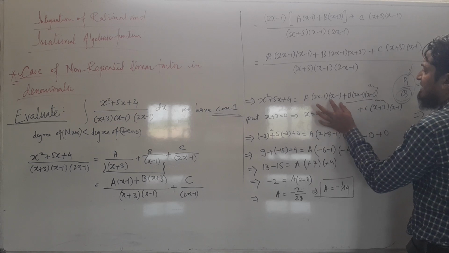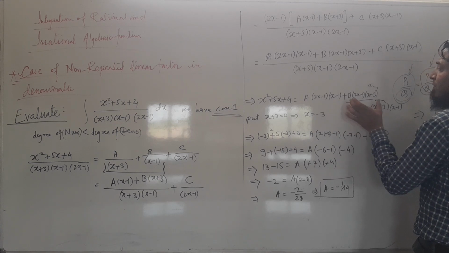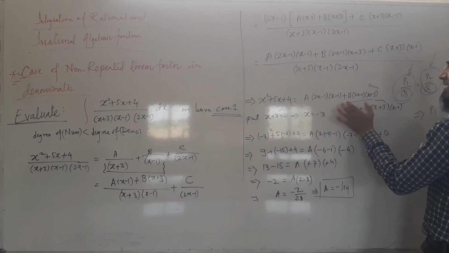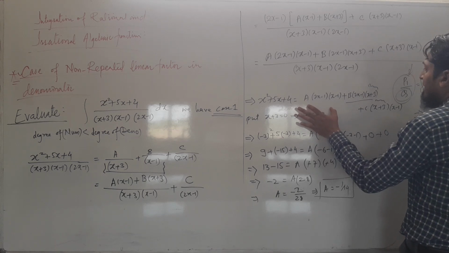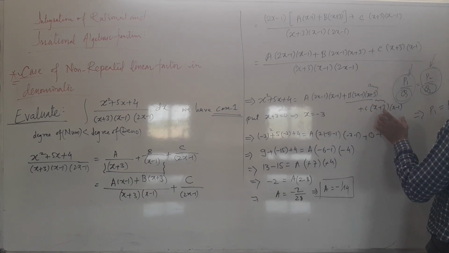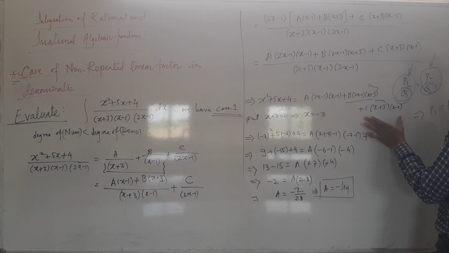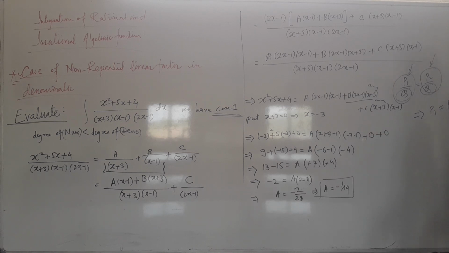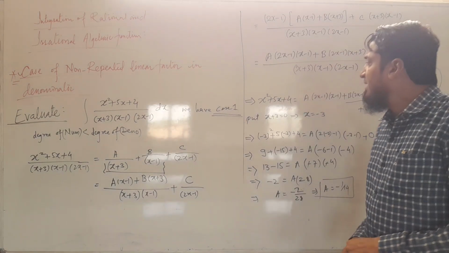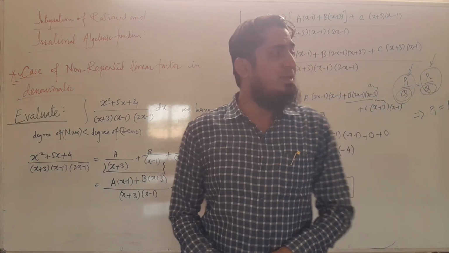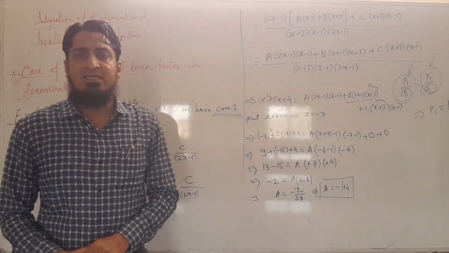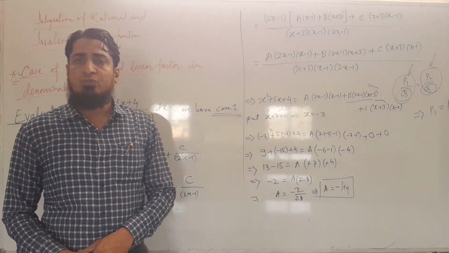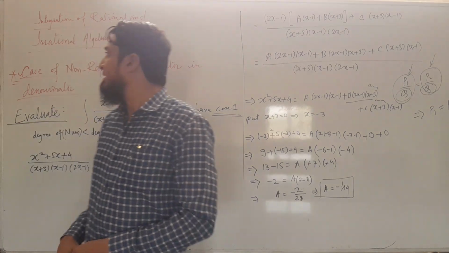By setting x - 1 = 0, we will get the value of B, and by setting 2x - 1 = 0, we will get the value of C. We will try to find B and C in the next lecture, and we will try to solve the whole example in the next lecture.